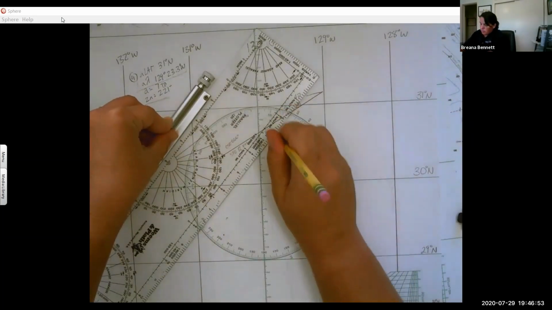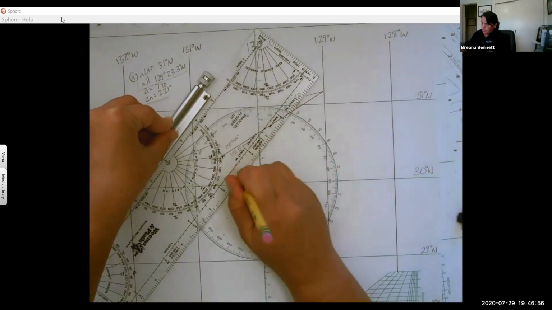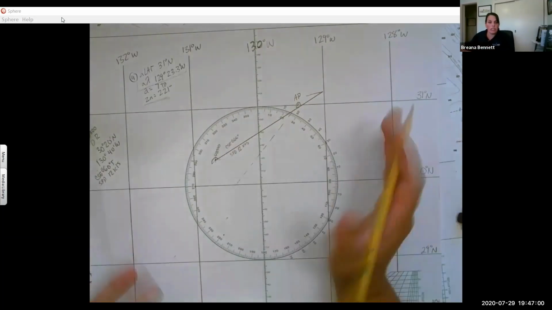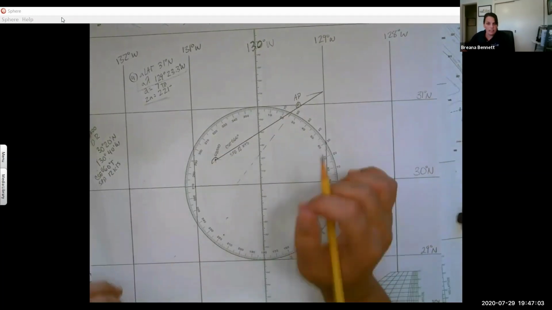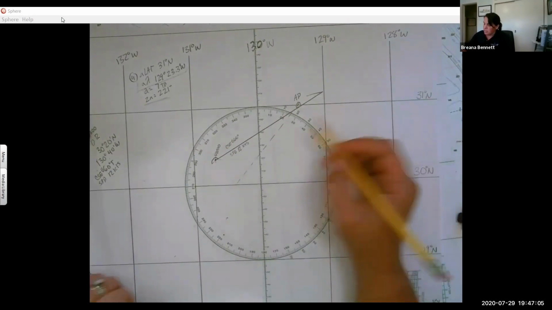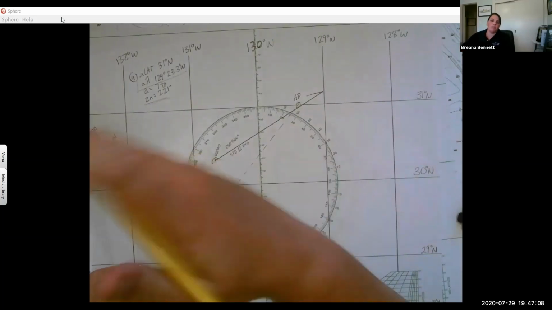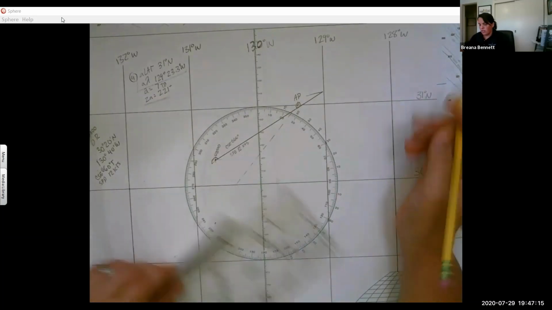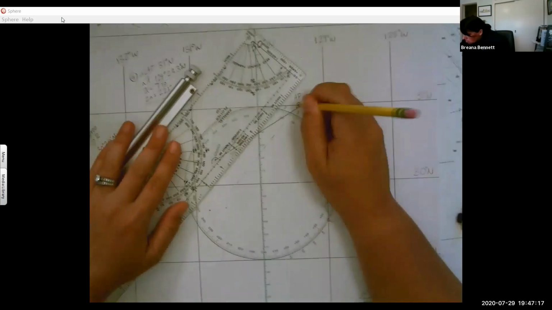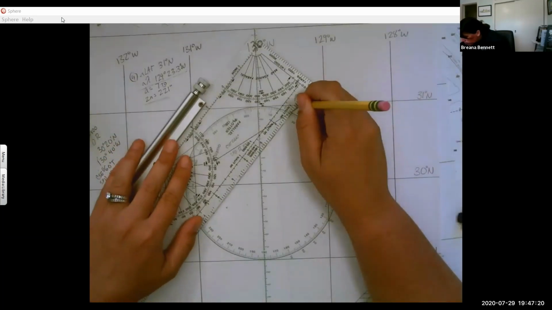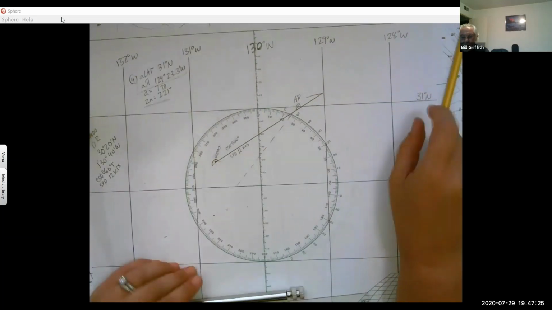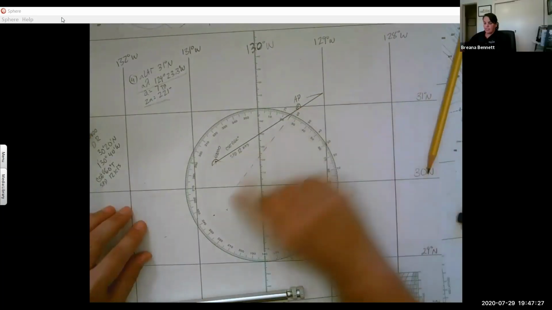And sometimes people put this as a dotted line, but you can put it as a solid line if you want. You just don't want to confuse it as an LOP yet, or ever, really. Because this is our azimuth, our LOP is going to be perpendicular to that line. Okay, there we go. So that is my ZN.